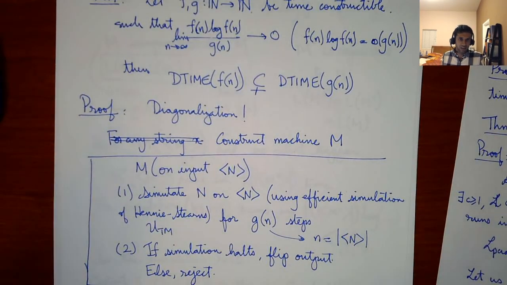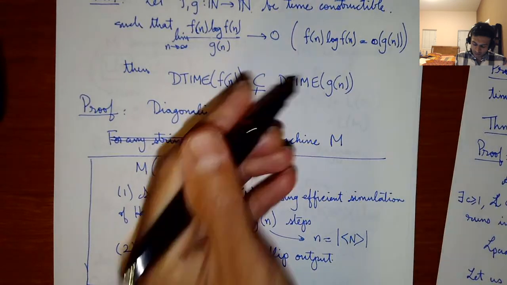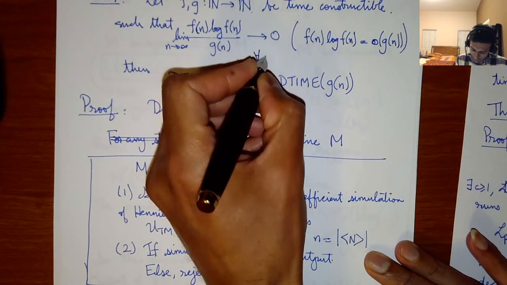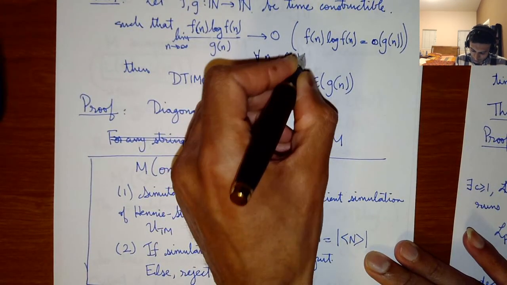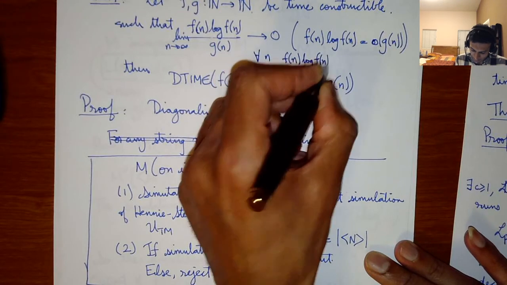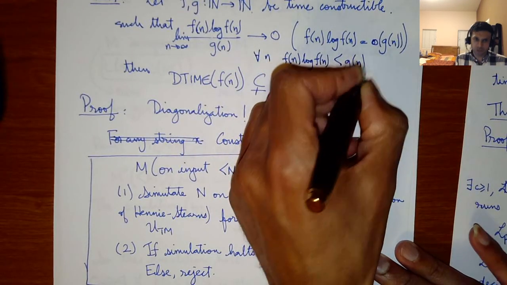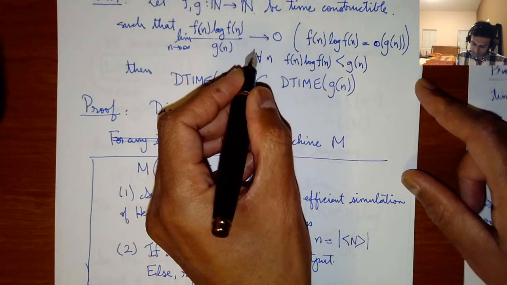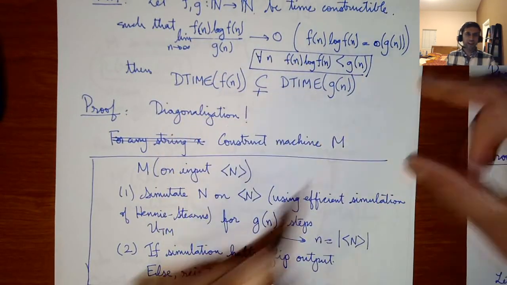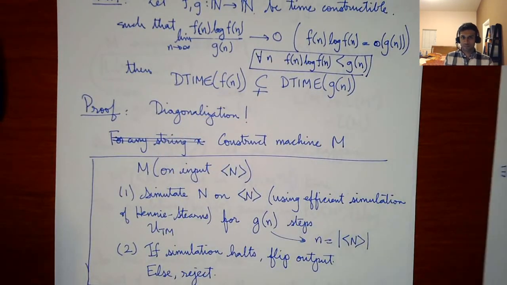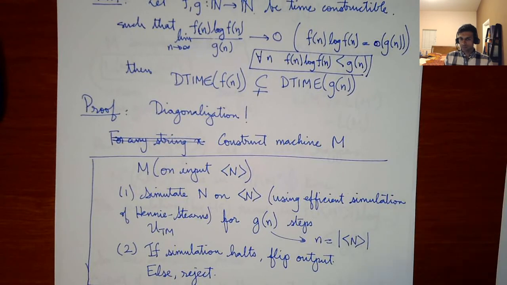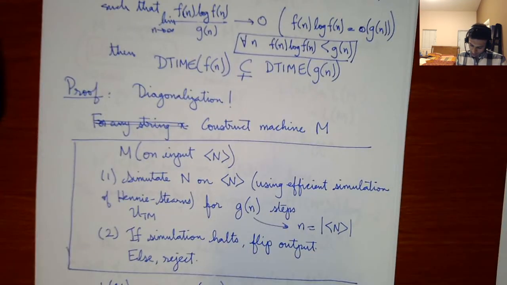And in hindsight, I feel that if instead your assumption was that for all n, f of n log f of n was strictly less than g of n, then M prime would have been enough. Because with M prime you would basically get the same inequalities. So I'm going to write this out here.